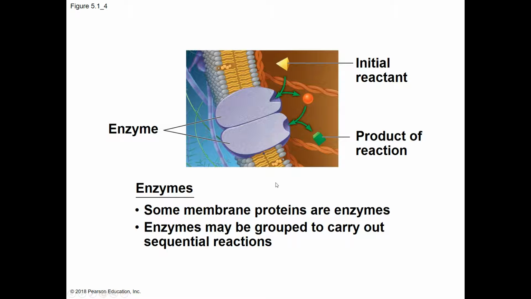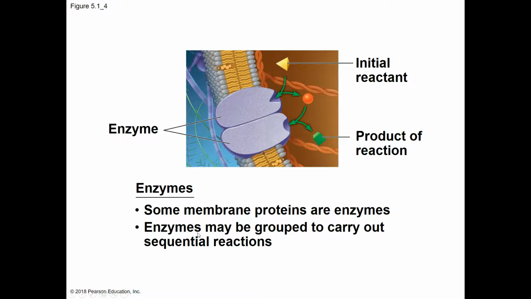In this picture, you can see some enzymes. So we've learned about enzymes before, but remember, enzymes help to facilitate chemical reactions or speed up chemical reactions. And enzymes are actually one of the types of proteins. So in this picture here, it says that some membrane proteins are enzymes, and the enzymes may be grouped to carry out sequential reactions.